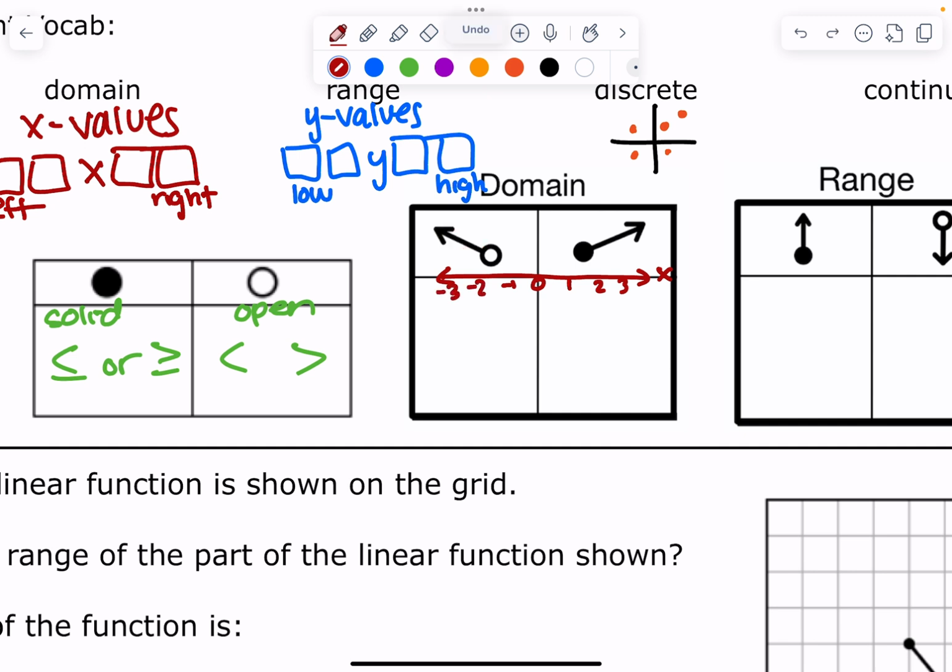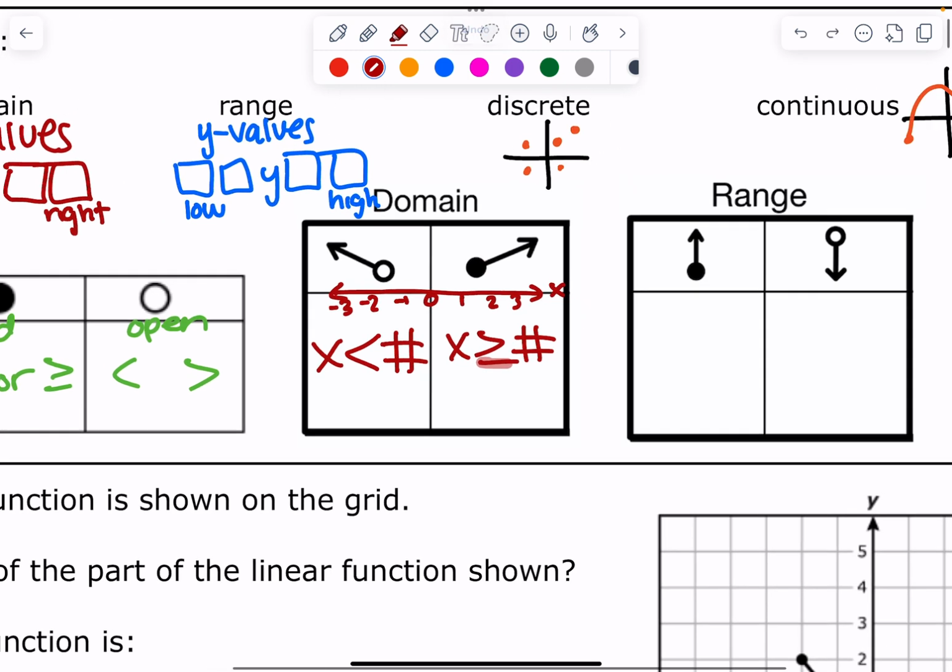If we're going to the left, we have the less than symbol. Okay, less than. X less than a number. If we're going to the right, the numbers are getting bigger. So we have x bigger than or equal to a number. And we're using this symbol because it's a solid point.